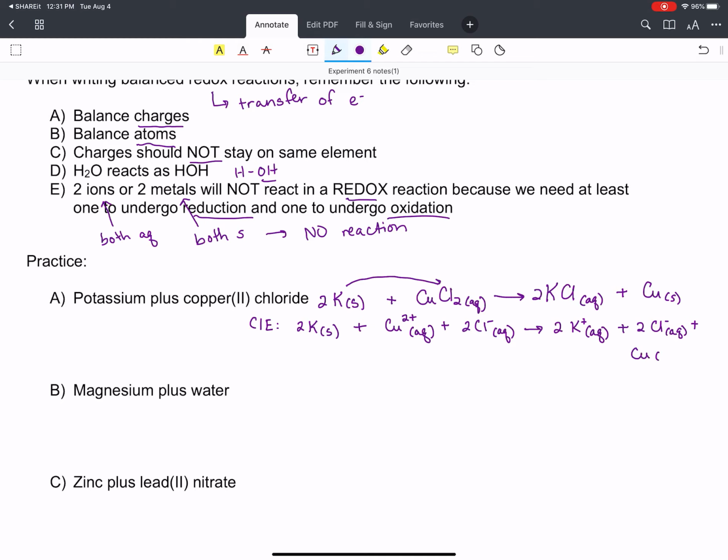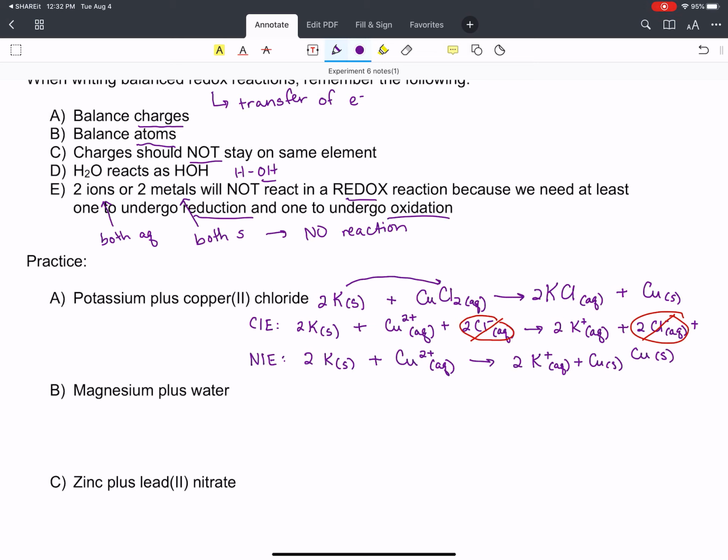Since copper's in the solid state, it will remain as is. Now when we're thinking about the net ionic equation, we need to cross out things that are the same on both sides. For our net ionic equation, we'll have two potassium solid, so no charge on the potassium at the beginning of the reaction, plus copper 2+ ions. Now notice that the potassium is going to end up with a charge, and copper will end up with no charge.